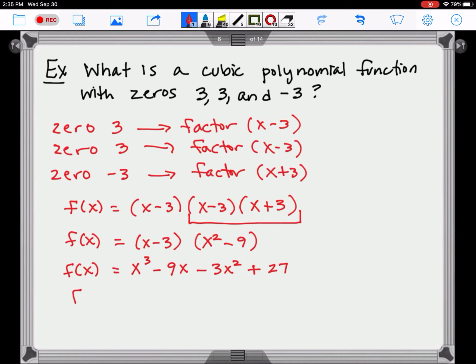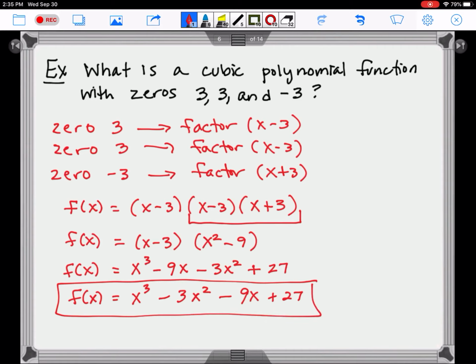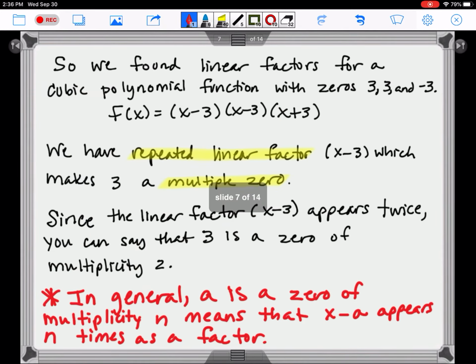Now, writing that from highest degree to lowest degree, x to the third minus 3x squared minus 9x plus 27 is the cubic polynomial that has zeros of 3, 3, and negative 3. All right? Now, these zeros of 3, 3, and negative 3 are going to come into account with what we talk about next.